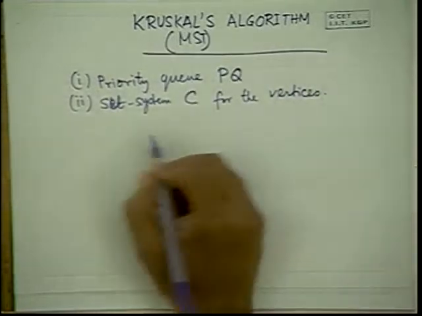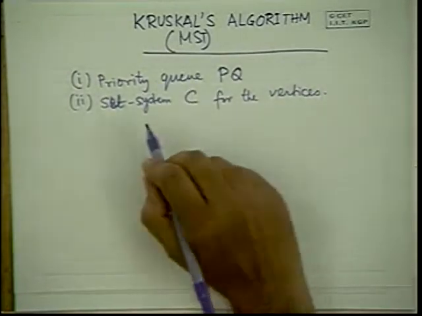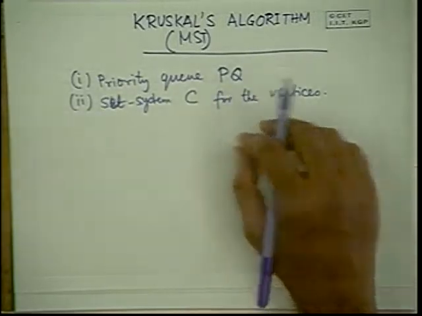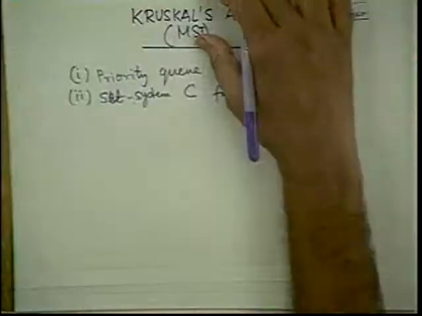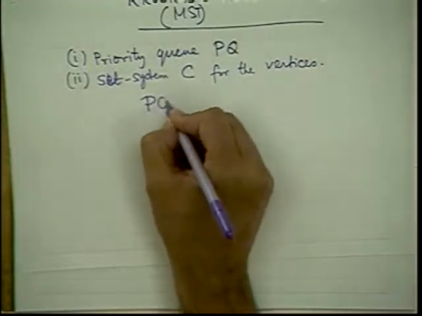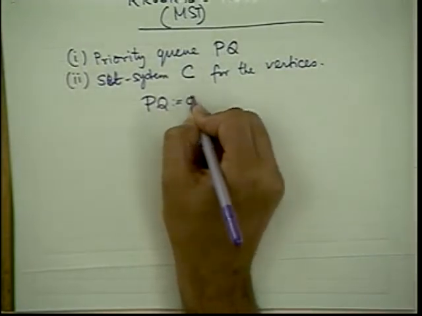So what does it mean? Set system C for the vertices means the vertices will be partitioned into several sets, so that this includes all those sets. It's a set of vertices. Now this is the initialization of the algorithm. So I'm going to write the algorithm now. PQ initially is empty.